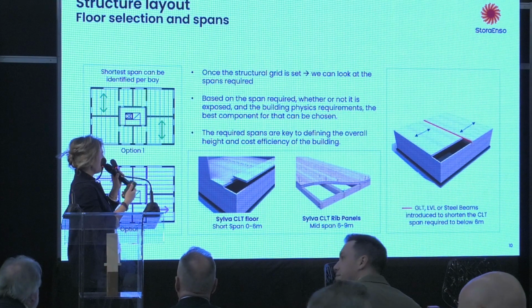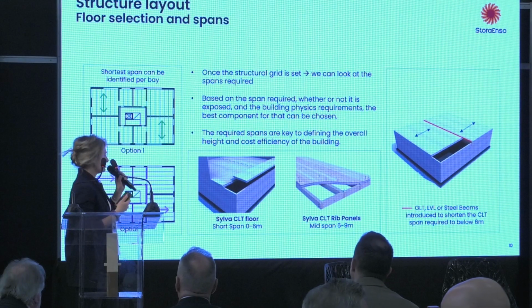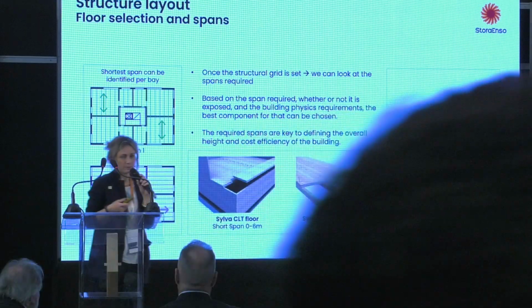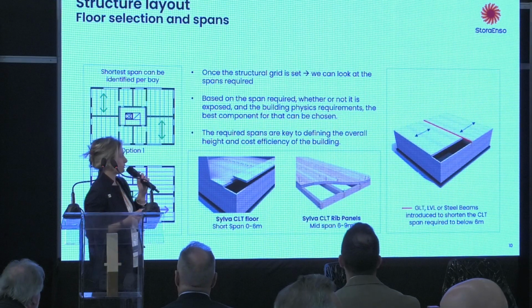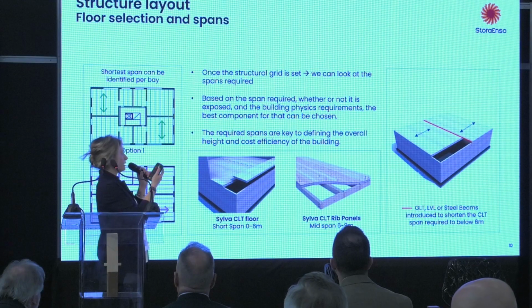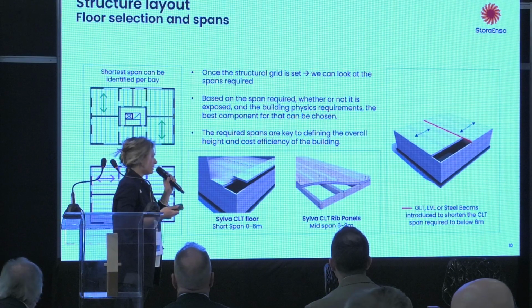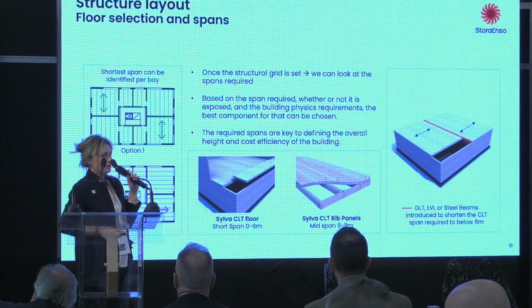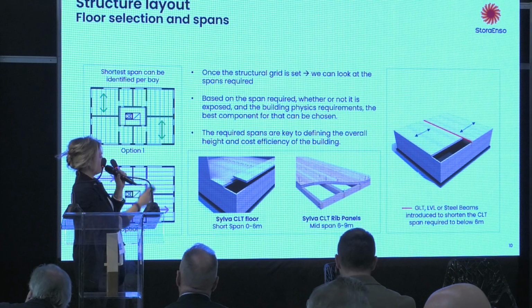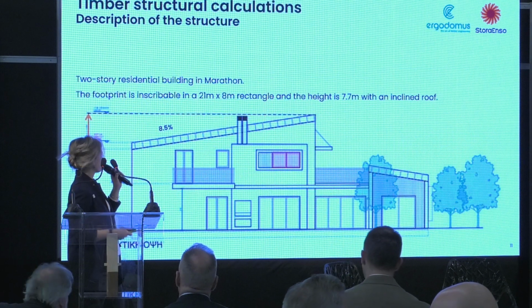Over 6 meters, it would be better to use CLT rib panel with glulam beams that can increase the stiffness of the floor. You can also consider using glulam beams to shorten the span and create a support for the two CLT panels.